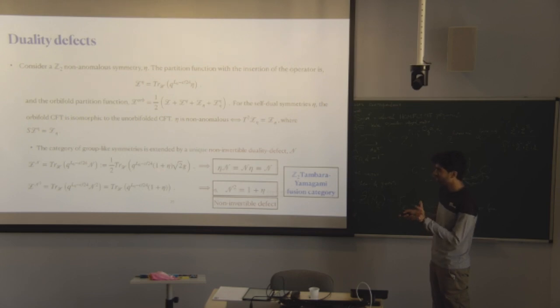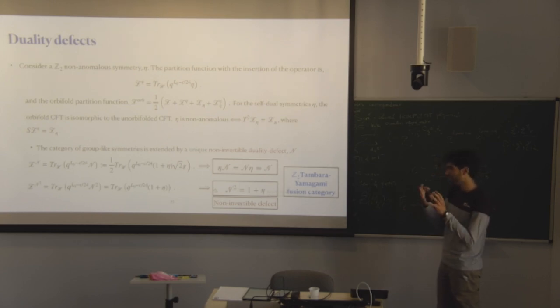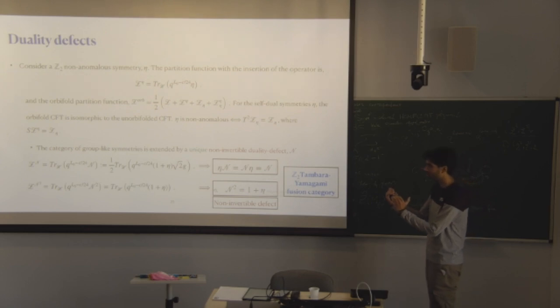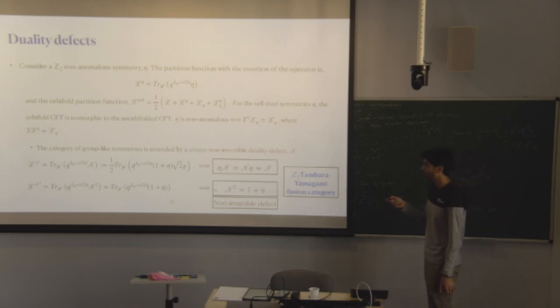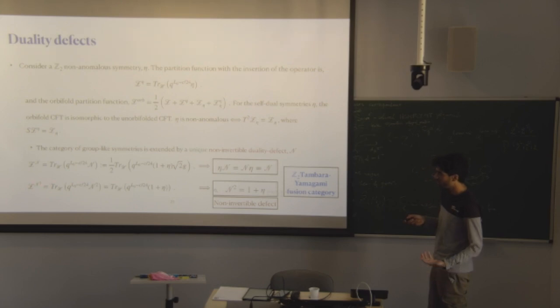So you take (1 plus eta)/2, which maps you to a part of the Hilbert space which is left invariant under eta, and then you define this G outer automorphism which takes the invariant sector to itself, but the non-invariant part is mapped to some other part of the CFT, which would be the dual CFT in the orbifold sense.